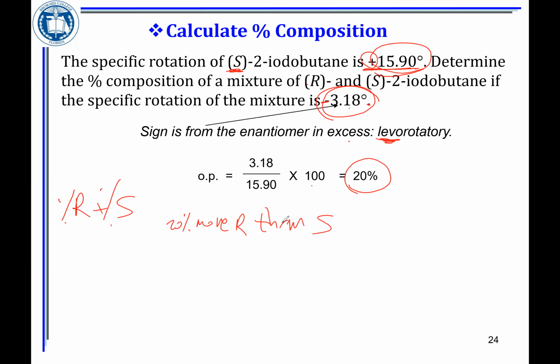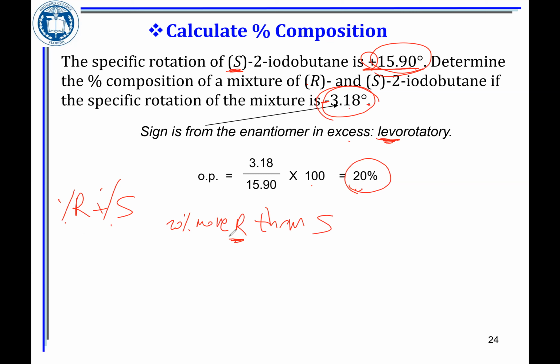Does it make sense? Yes, because 20% is the difference between the two, and that is the optical purity. The enantiomeric excess means that one is this percentage greater than the other. So it's 20% higher than the S. And how do we know that R is in excess?